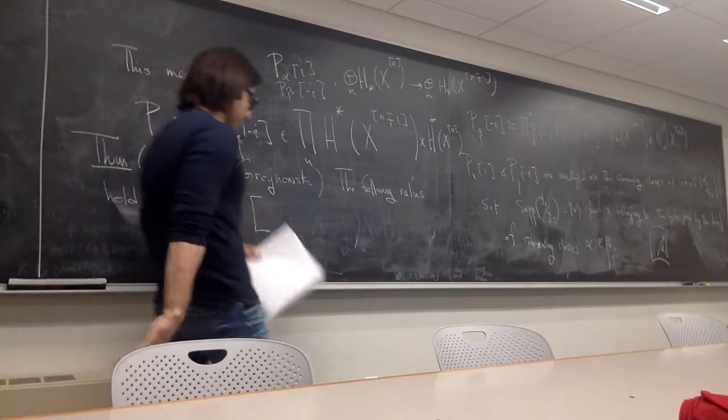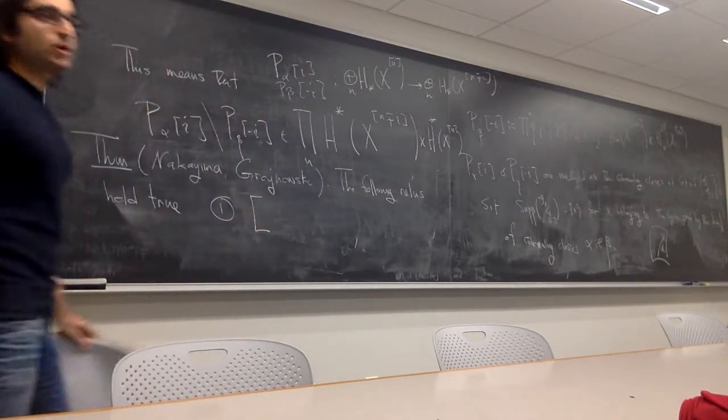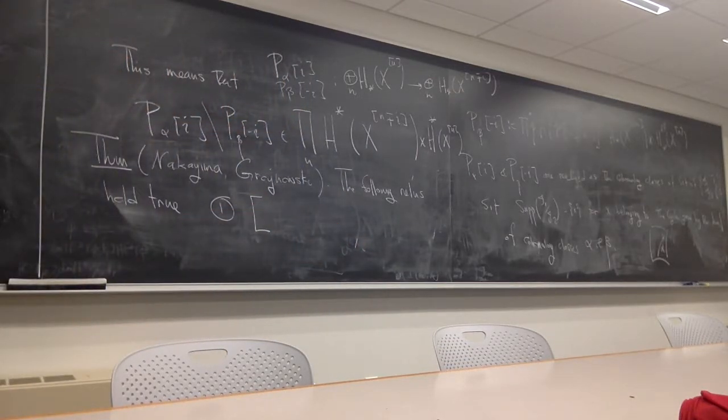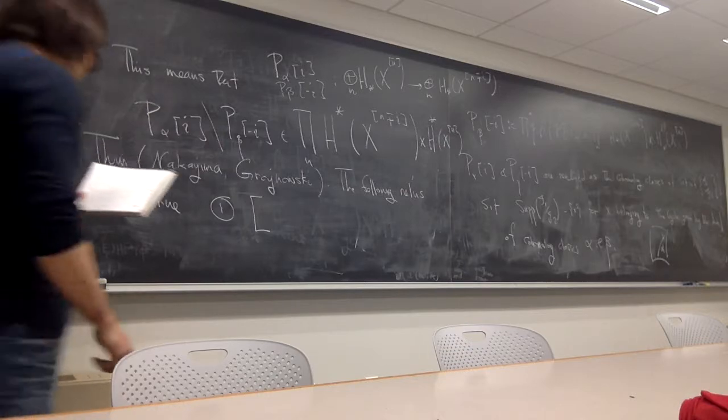And as you mentioned, they look like Fourier-type transforms: you pull back the class and then push forward to the other cohomology theory.